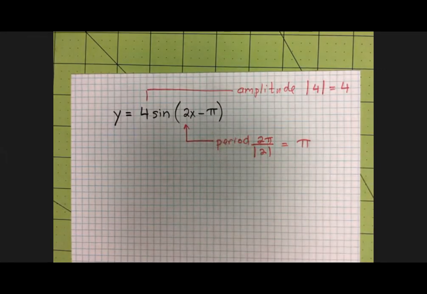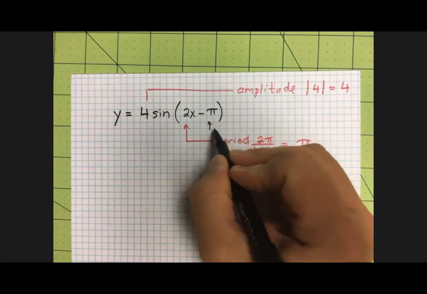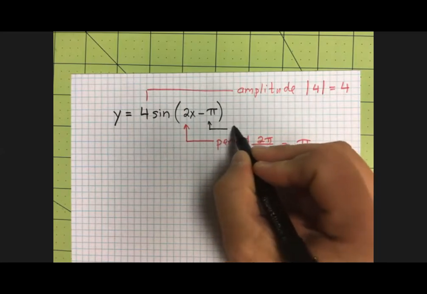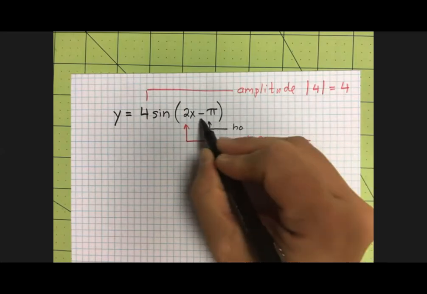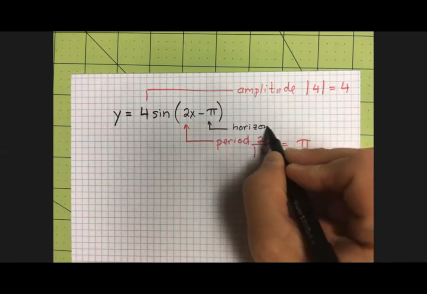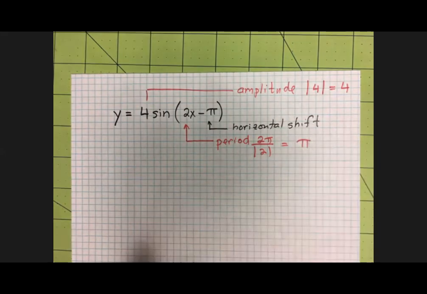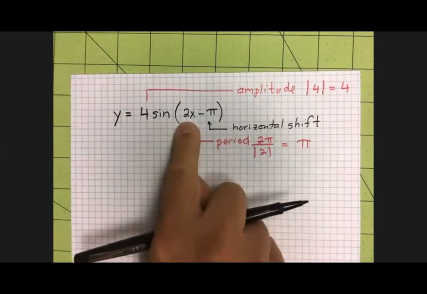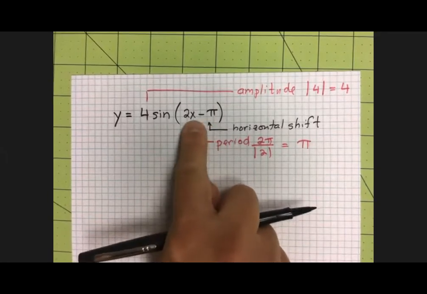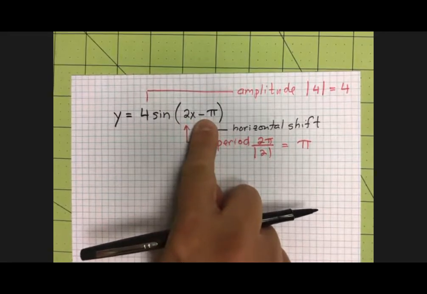But now this number right here, and I'm not ready to display it yet, subtracting pi from the x, causes a horizontal shift. And in order to recognize that horizontal shift, what I have to do is not ask what am I subtracting from x times 2? I need to know what I'm subtracting from x itself.